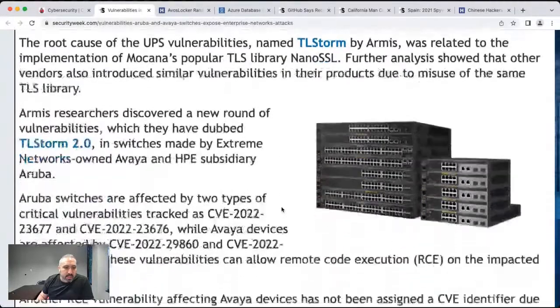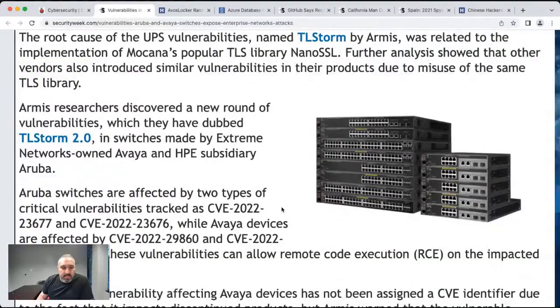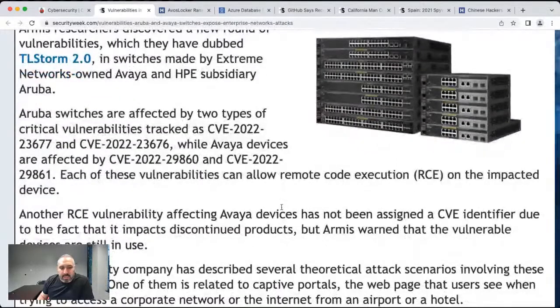Further analysis showed that other vendors also introduced similar vulnerabilities in their products due to the misuse of the same library. Aruba switches are affected by two types of critical vulnerabilities, tracked as CVE-2022-23677 and 23676, while Avaya devices are affected by CVE-2022-29860 and 29861. Each of these vulnerabilities can allow for an RCE on the impacted devices.